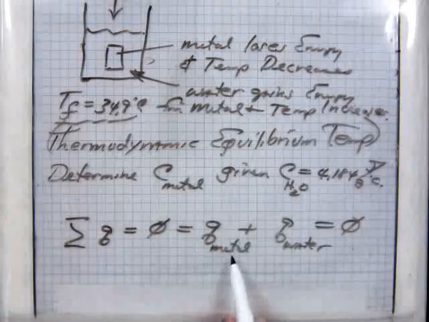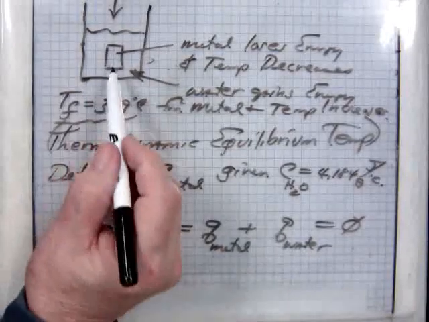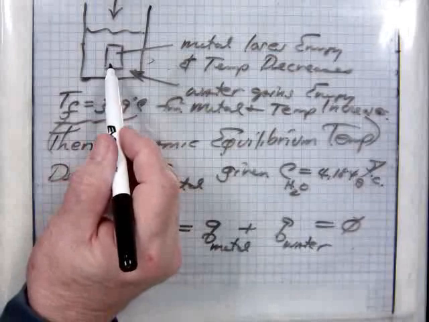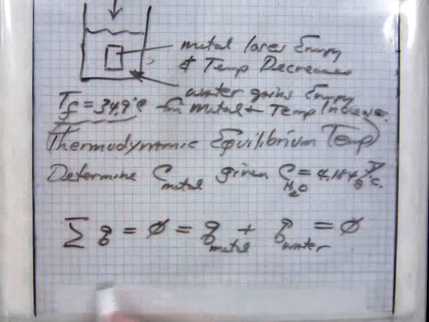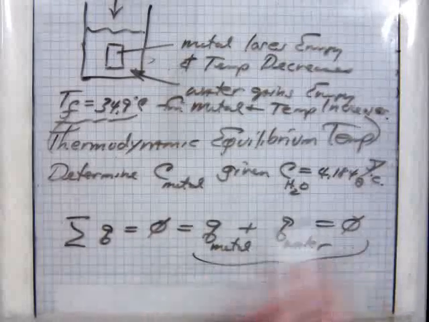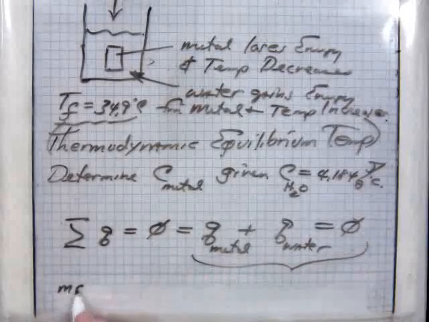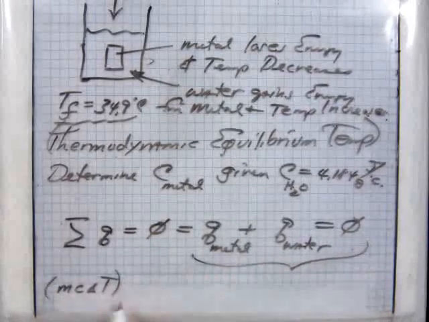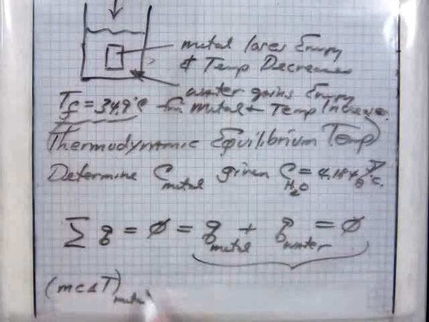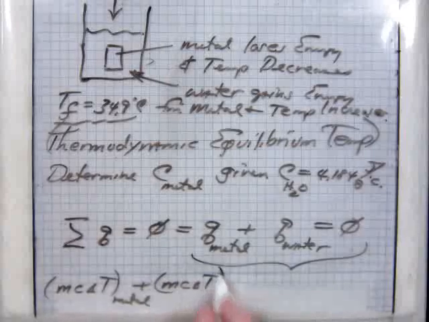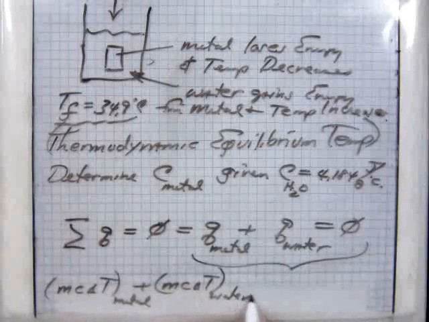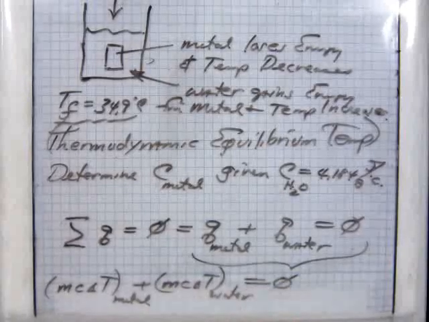Now, since these Q's refer to temperature change in this case, we have this equation right here: MC delta T of the metal plus the MC delta T of the water, all that equals 0.